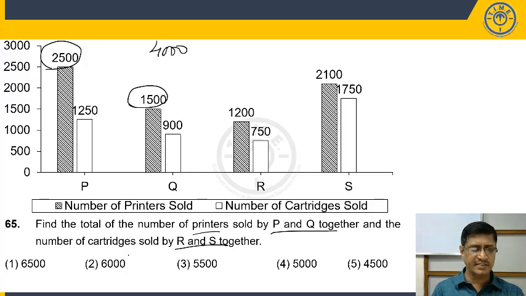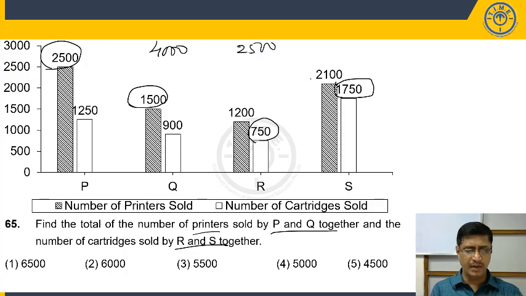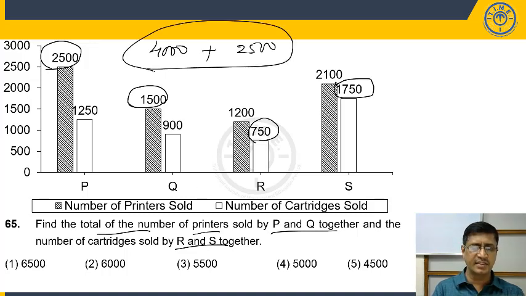Then R and S cartridges. R how much? 750. S 1750. Sum of these two, it is 2500. So what we need to find? The total number. The sum of these two numbers is the answer. The sum of these two numbers is 6500. So the right choice is option number 1. The first choice is the right choice.